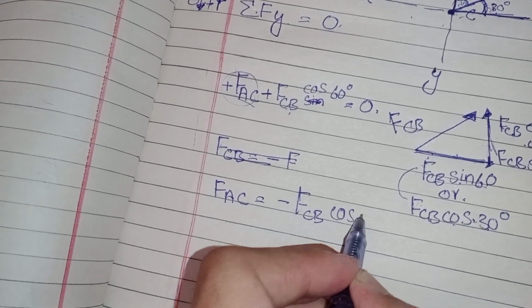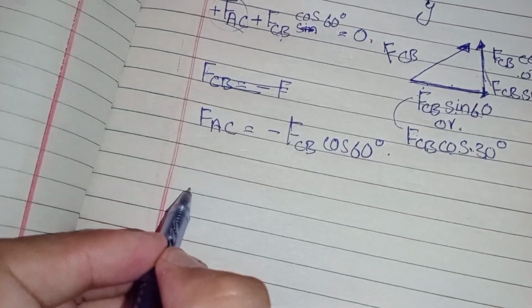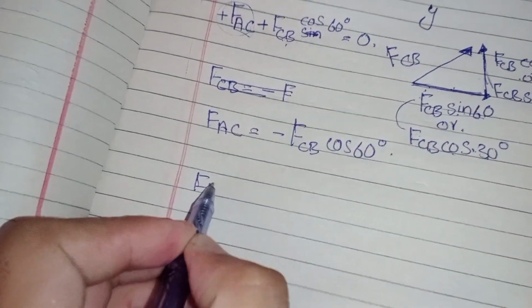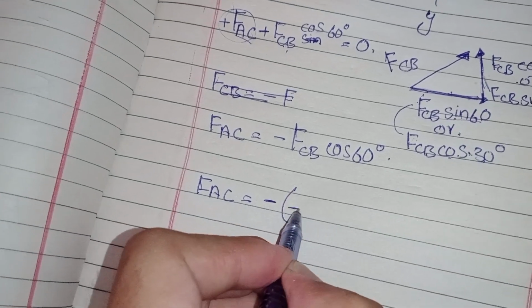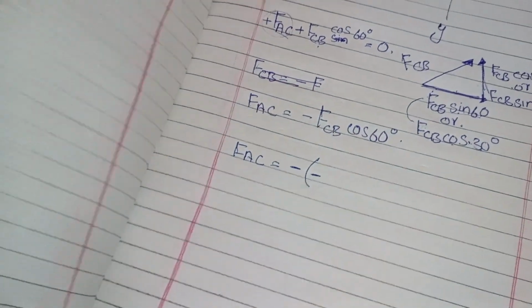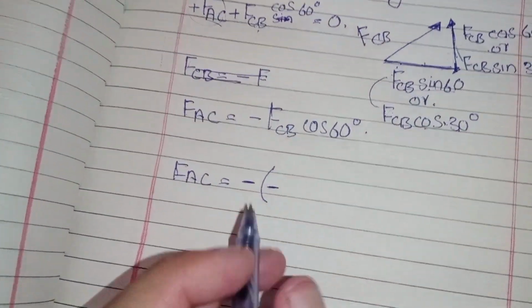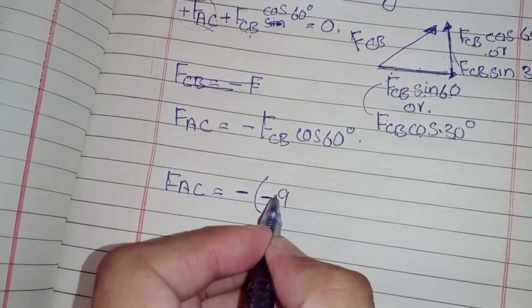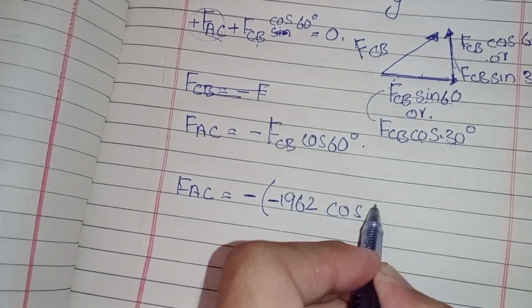If you calculate, F of AC equals negative into negative, because the FCB value is negative 1962. The CB value is 1962 cos 60 degree.